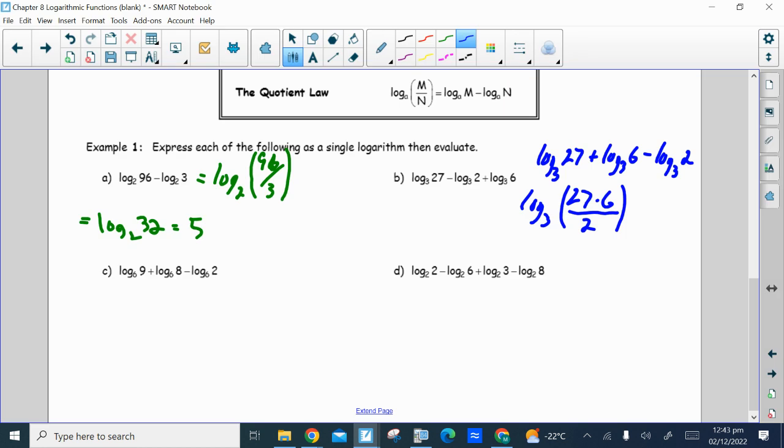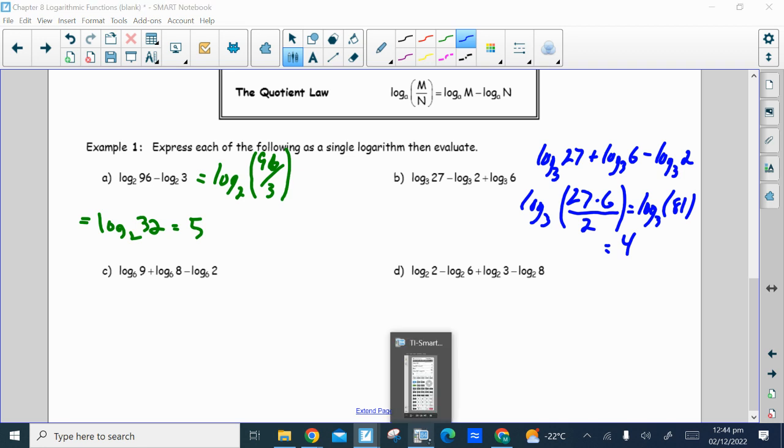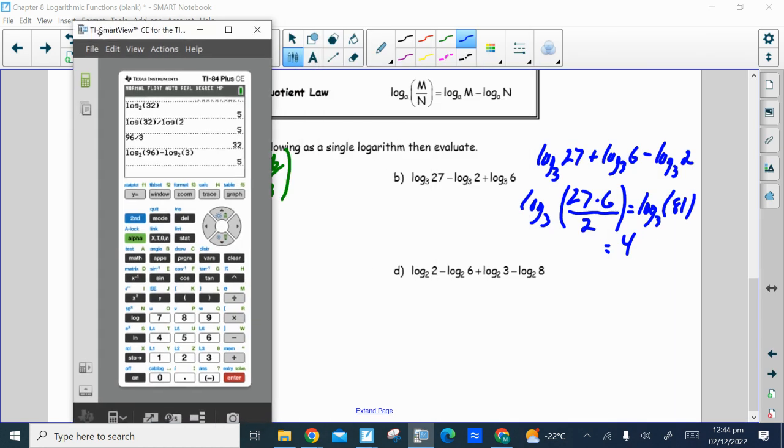All right? So, I mean, you can go the 2 into the 6 to get 3, and then 3 times 27 is 81. This will become log base 3 of 81, which is 4. That's asking 3 to what power is 81. And again, if you're not sure, then use the calculator.